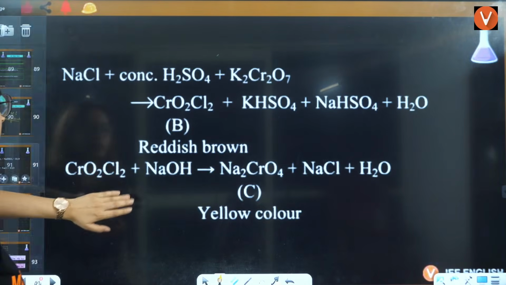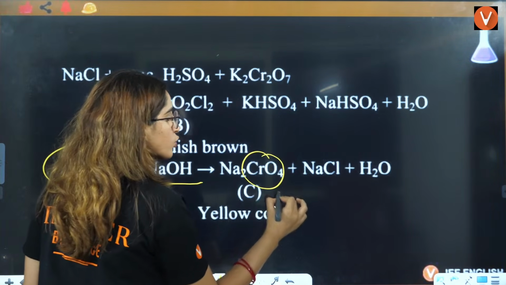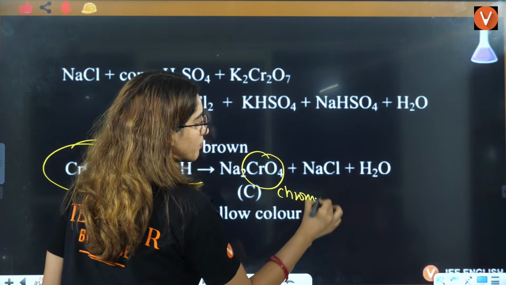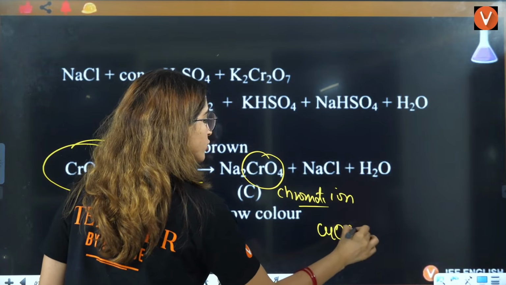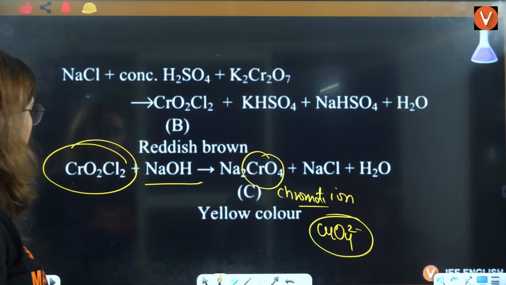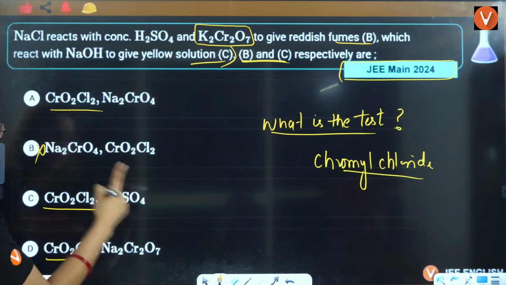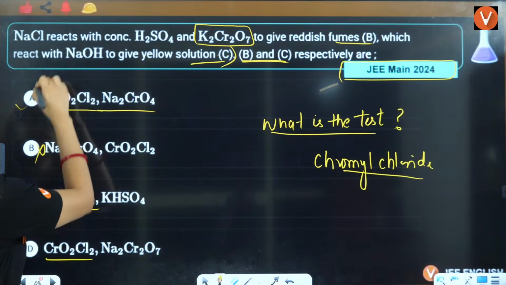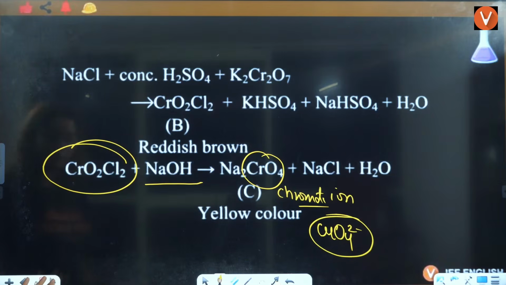In the presence of this, it will give you chromate ion, CrO4 2 negative, which is yellow in color. That's why it is giving you yellowish fumes. So here the answer is CrO4 2 negative, A is the correct answer.